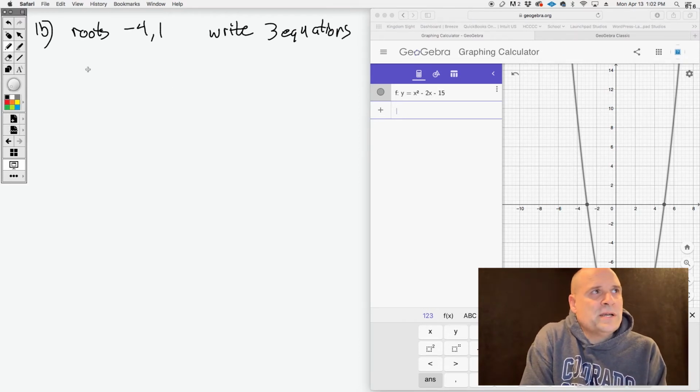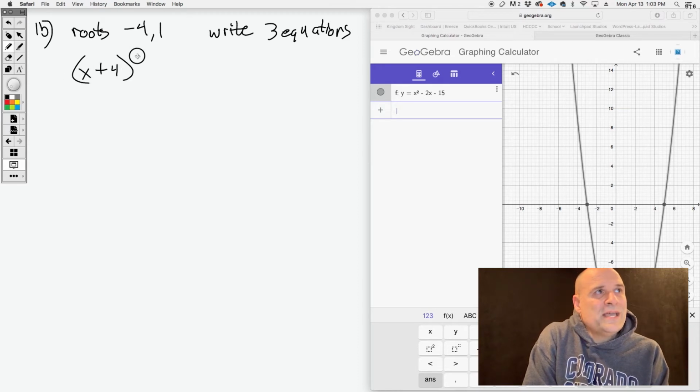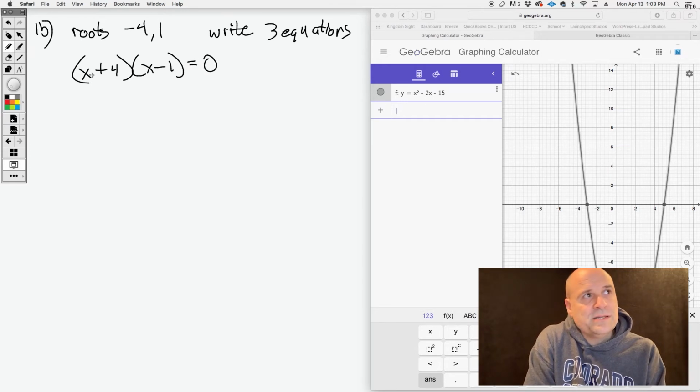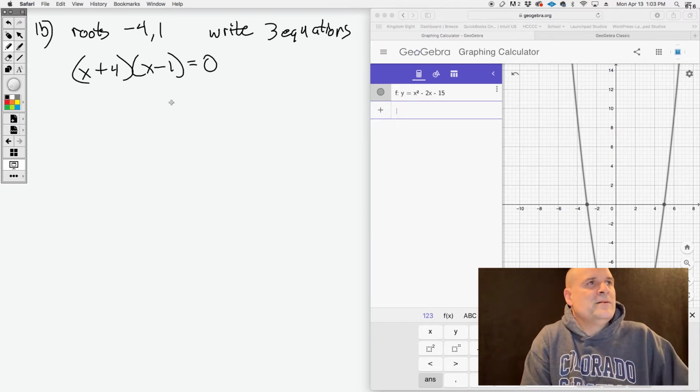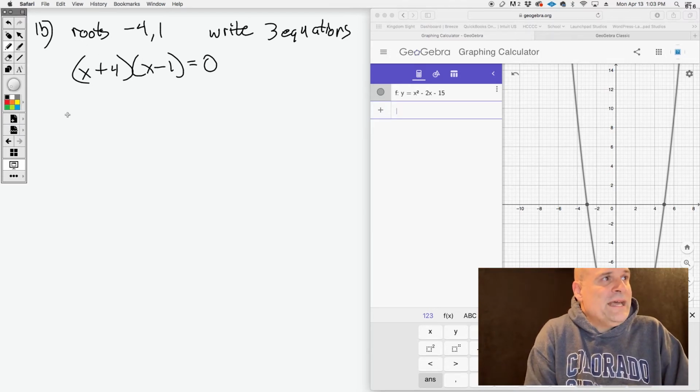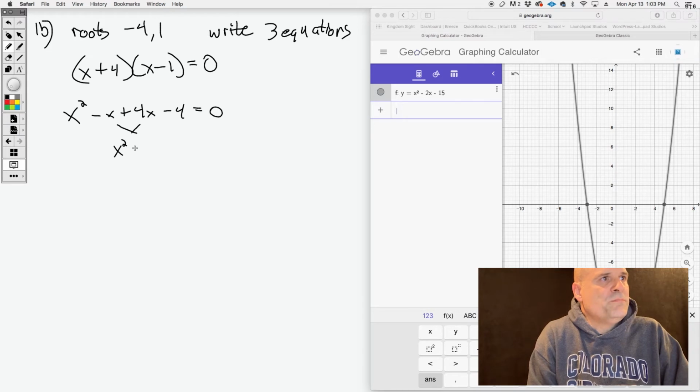So our equation looks like this: (x plus 4)(x minus 1) equals 0, because -4 would make this parenthesis 0, and positive 1 would make this parenthesis 0. Okay, so FOIL it out. We get x squared minus x plus 4x minus 4 equals 0. So combine those terms: x squared plus 3x minus 4 equals 0.